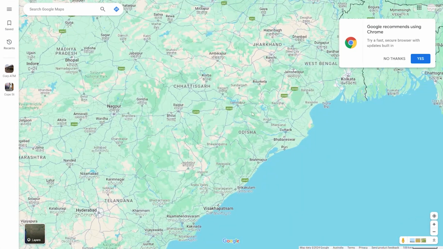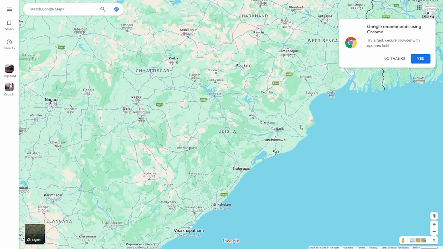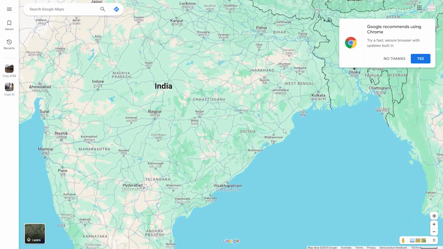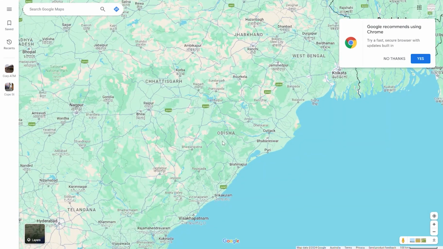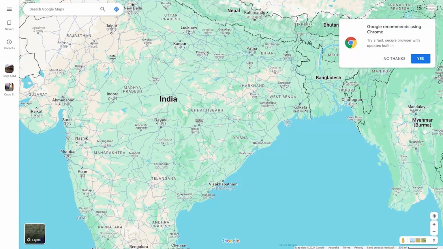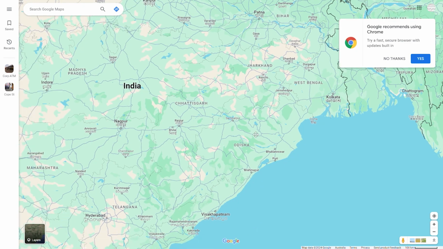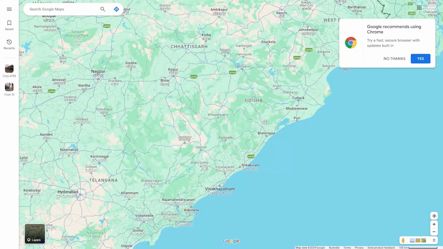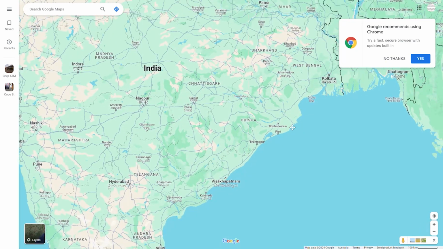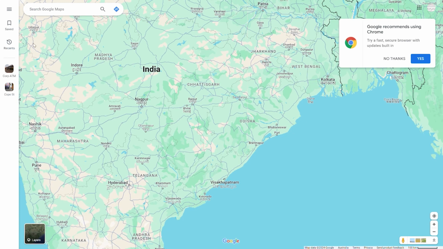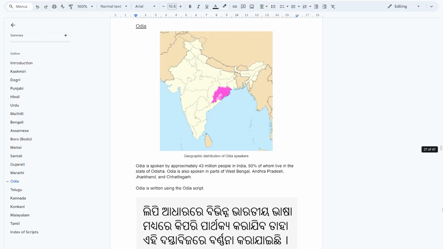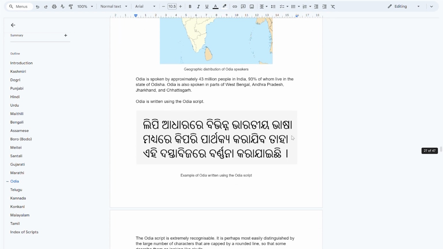So on the map, Odisha is this state here, one of the western states along the coast, north of Telangana and south of Jharkhand and West Bengal and Chhattisgarh. So that's where Odisha is, and that's where you'll find all of the Odia text. So Odia is written using the Odia script. That's this one here.